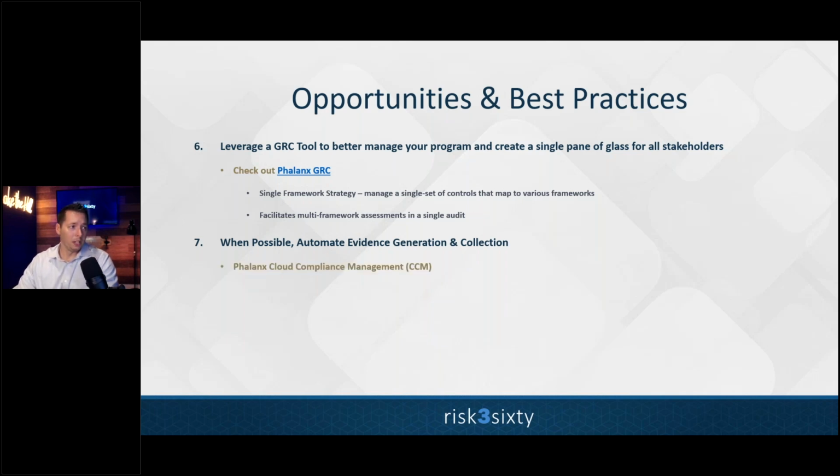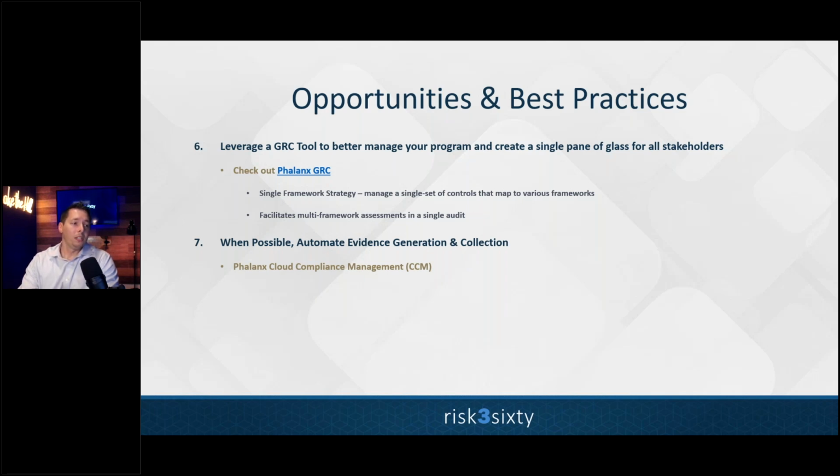One of the things we did this year as well is build out what we call cloud compliance management. If you have cloud service providers such as AWS or Azure, or even Google's solution, there's certain evidence in there that we as auditors would need to check based on what the control is telling us we need to look at.